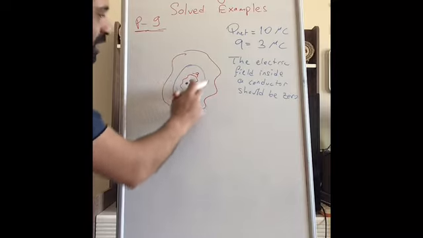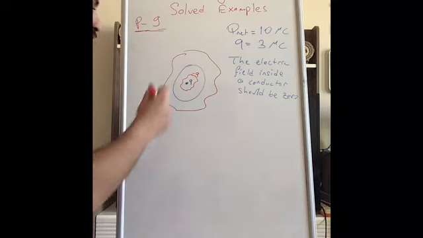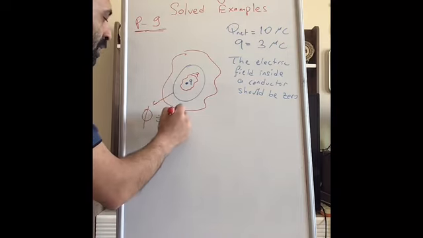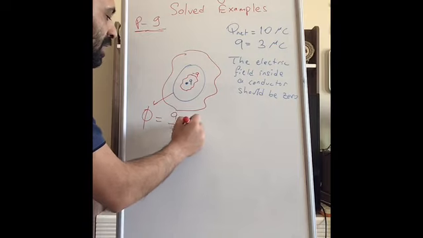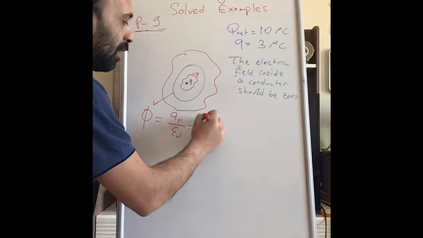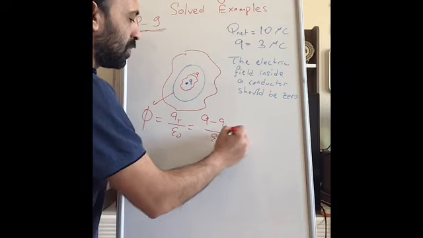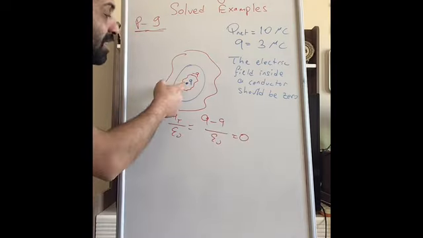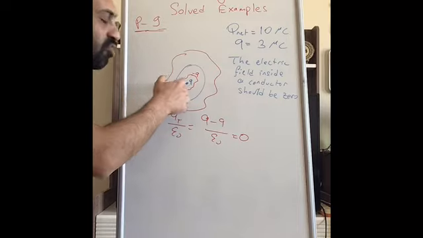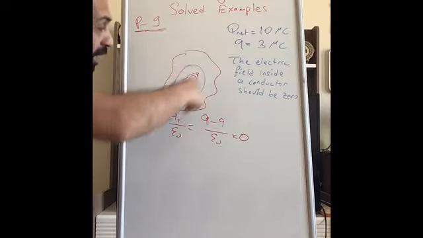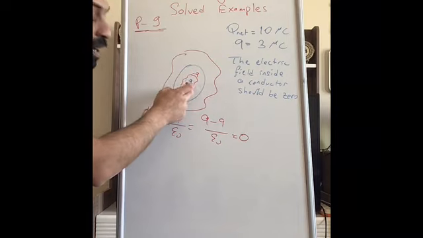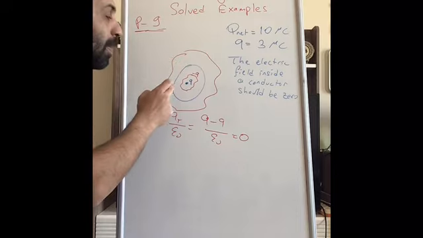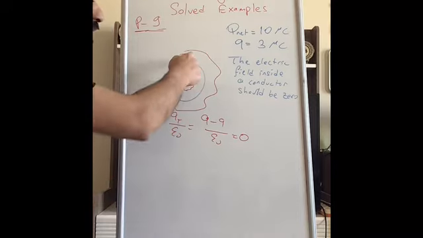So if I draw this Gaussian surface again, what is the total charge? The flux through this Gaussian surface is going to be Q total over epsilon 0, and Q total now is Q minus Q over epsilon 0, which is going to be 0. So if the conductor has a cavity with a point-like charge inside it, the conductor puts the negative, the opposite sign of the total charge over the cavity wall to make the electric field zero inside it.